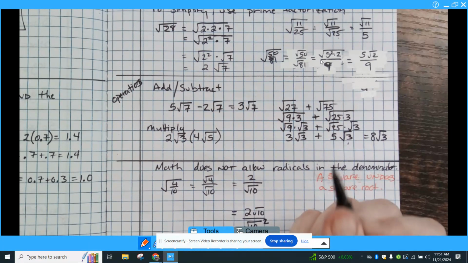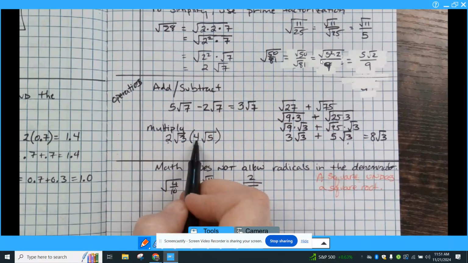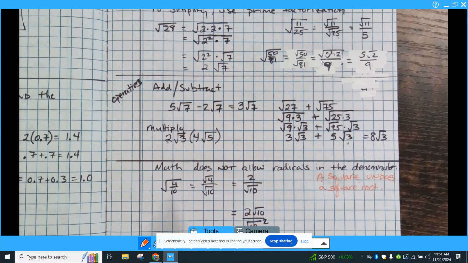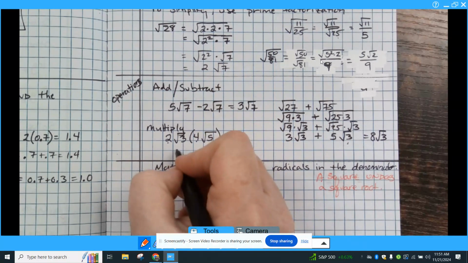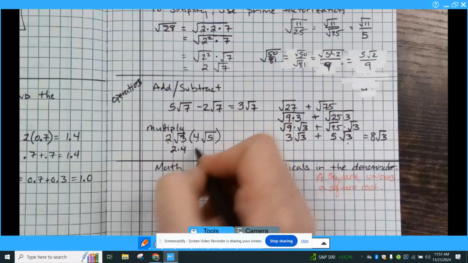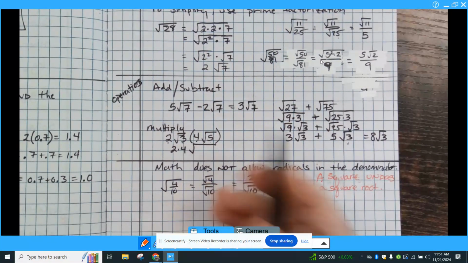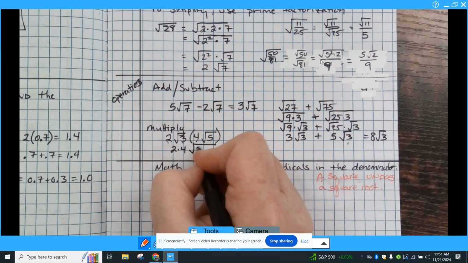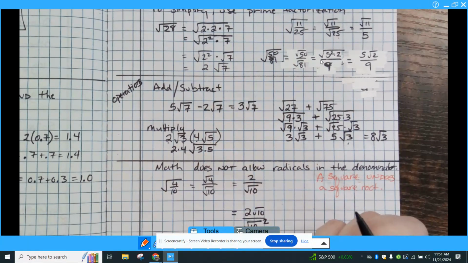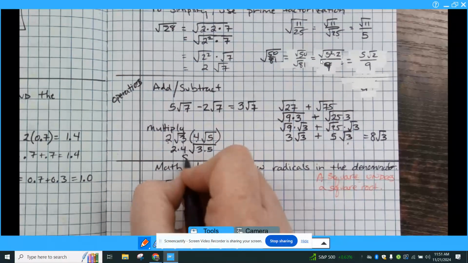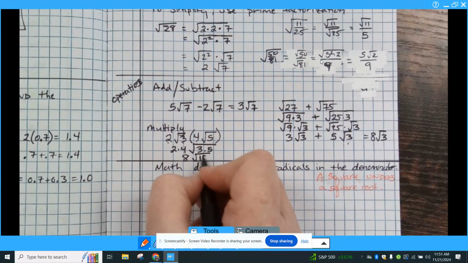If you were to multiply these, you can multiply the 2 and the 4 because they're not under the radical. Okay, so 2 times 4. And then you can also multiply the numbers under the radical. Square root 3 times square root 5, so 3 times 5. So that would be 8 square root 15.